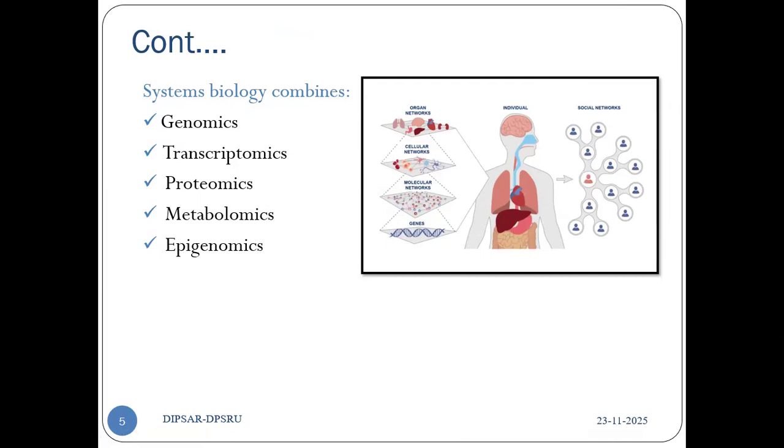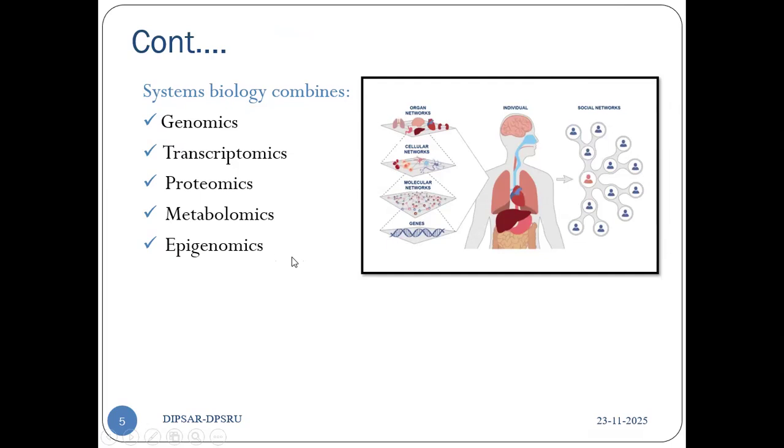So genomics, transcriptomics, proteomics, metabolomics, and epigenomics, when we study these together, we call it system biology. Epigenomics is the study of changes in gene expression that occur without altering the DNA sequence.